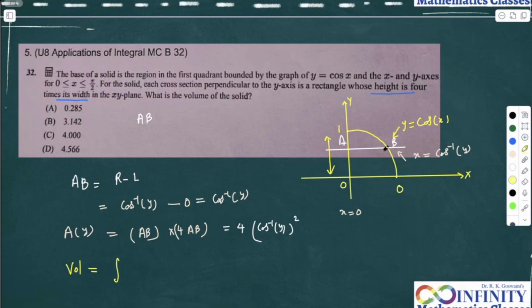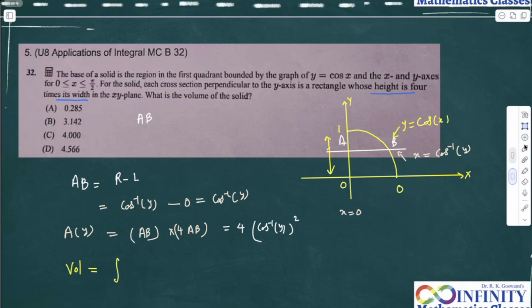No, basically whenever you are having perpendicular to the y-axis, you are going to plug the values of y. And if you look at the graph, for any cross section like AB, you can move this line from bottom to top. The maximum value of y you can have is 1 and the minimum value of y you can have is 0. So I hope I should be having from 0 to 1 only.